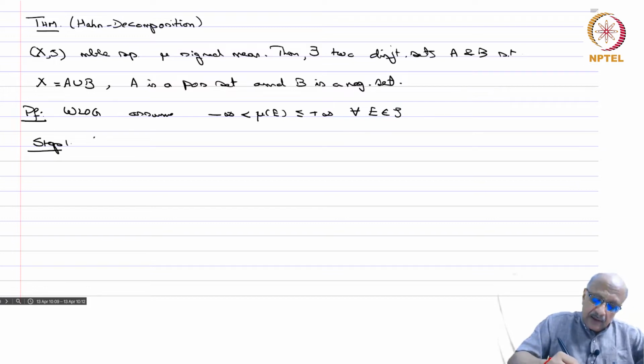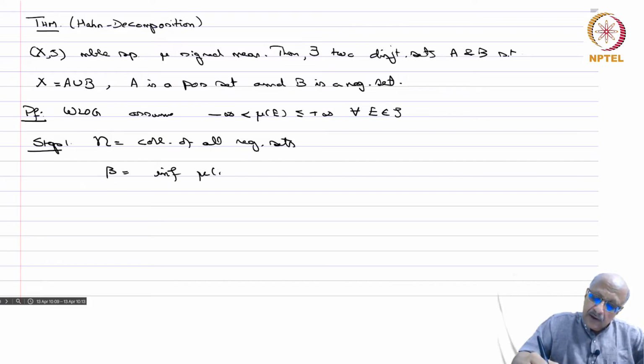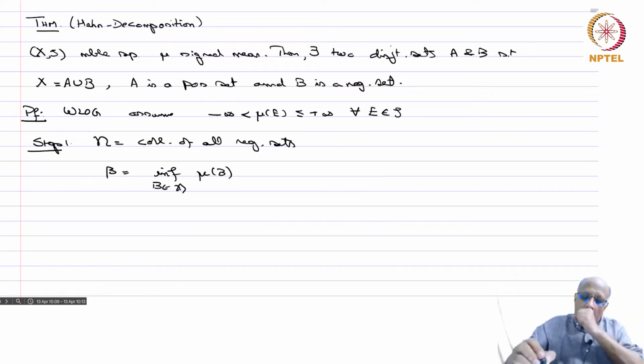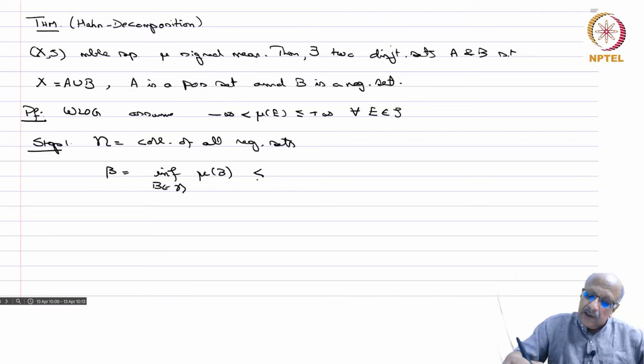Let N be the collection of all negative sets, and define beta to be the infimum of mu of B, B in N. Of course this will be less than or equal to 0.